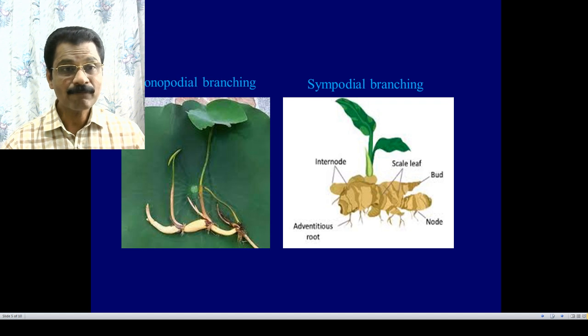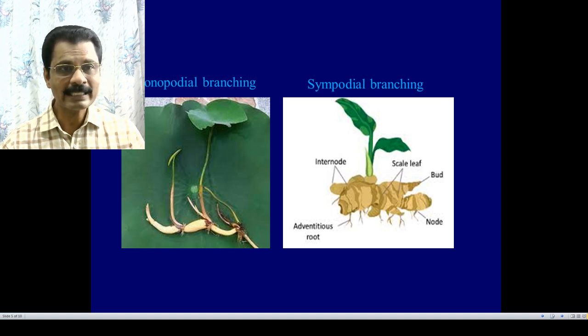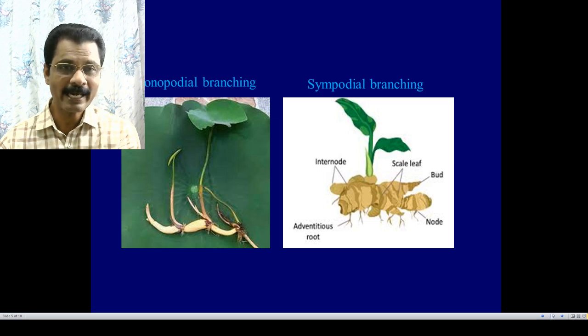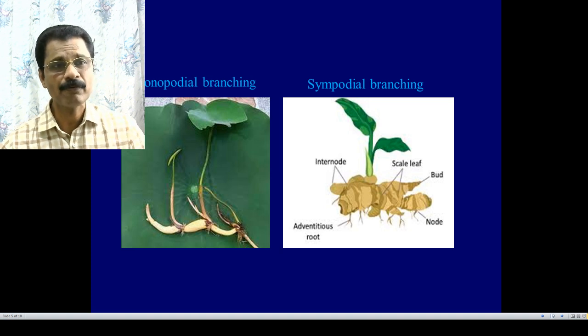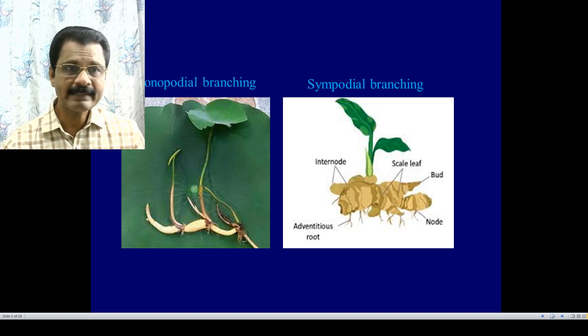But in the case of sympodial branching, as in the case of ginger, turmeric, the primary stem ceases the growth after a certain period of growth. Then the axillary bud again continues to grow. Similarly, that also ceases the growth. Then the axillary bud again develops. And this type of branching pattern we call it as sympodial branching.